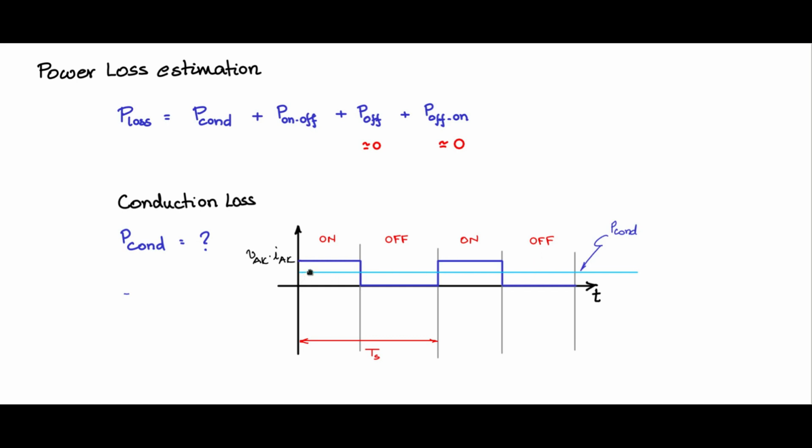The average loss of only the conduction loss is P conduction, and therefore in mathematical terms it is the average over the switching period Ts, integral from 0 to Ts, VAK into IAK, the product of the voltage into current, dt. So this integral gives you the average power loss in the diode due to conduction.